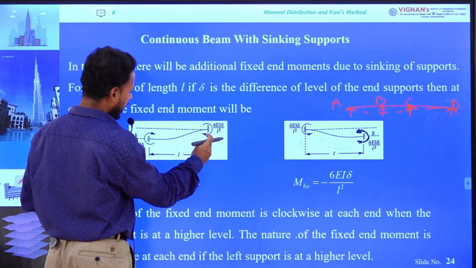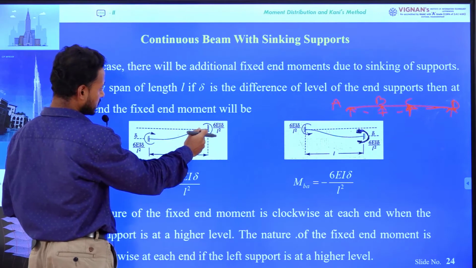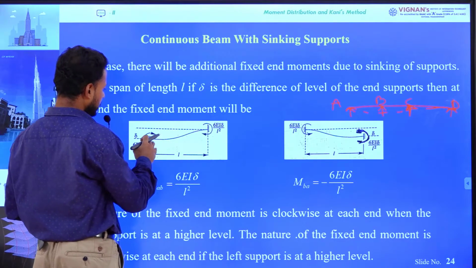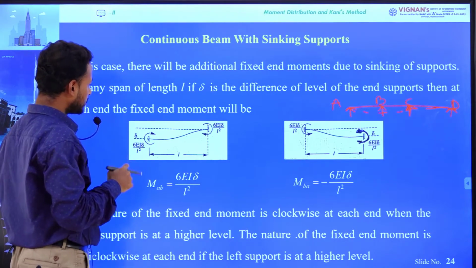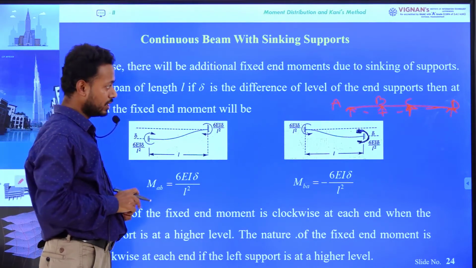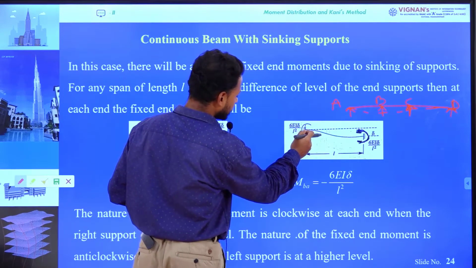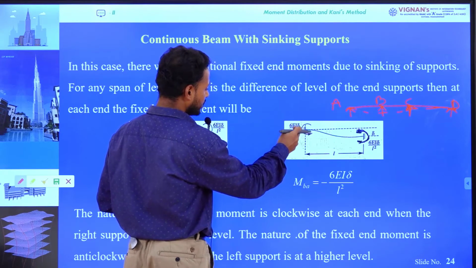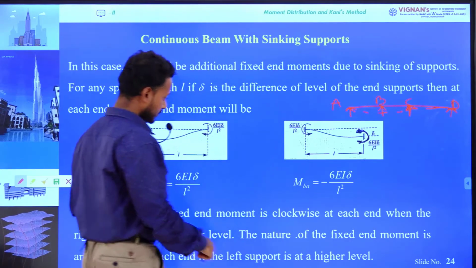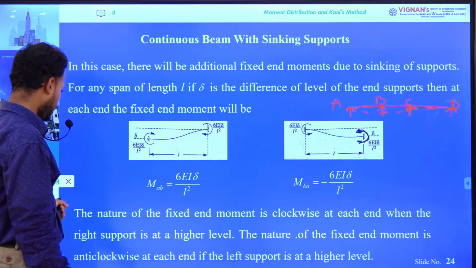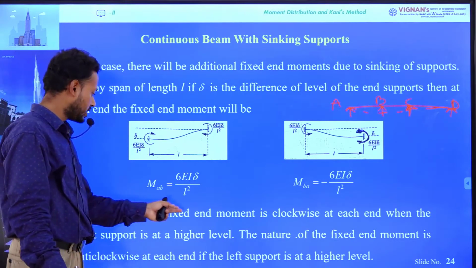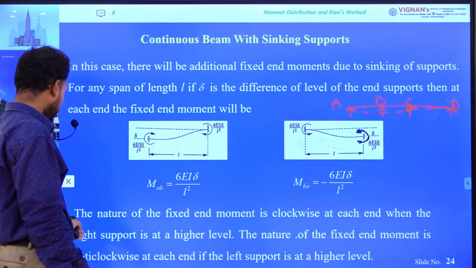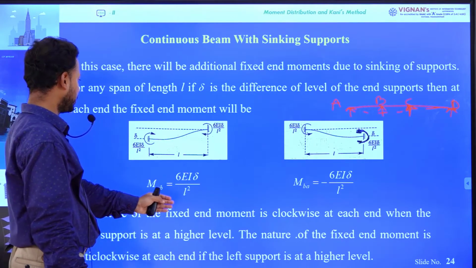If the right support is at upper level, then this beam will be subjected to a clockwise moment, and if the left support is at higher level, the beam will be subjected to an anti-clockwise moment. So here I wrote it. The nature of the fixed end moment is clockwise at each end when the right support is at a higher level.